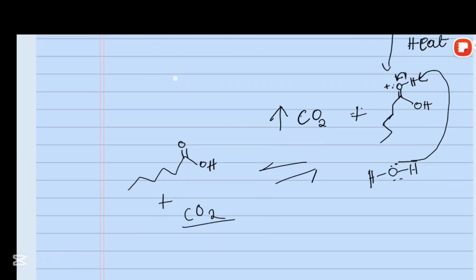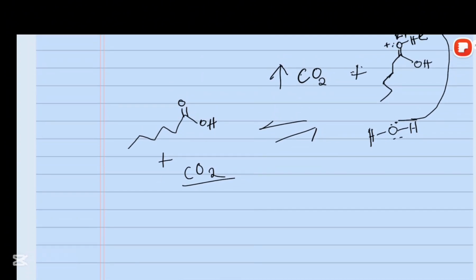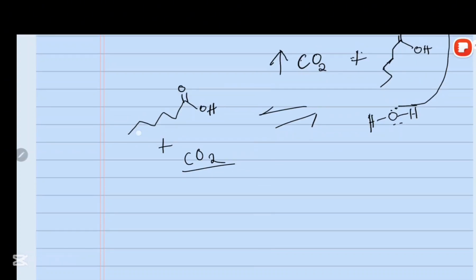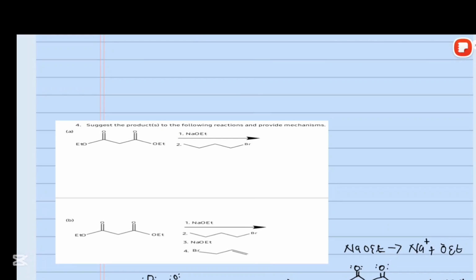So the answer here is carbon dioxide and our hexanoic acid and the carbon dioxide. So our answer for the first question is 1, 2, 3, 4, 5, 6.